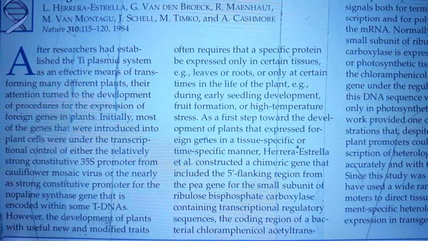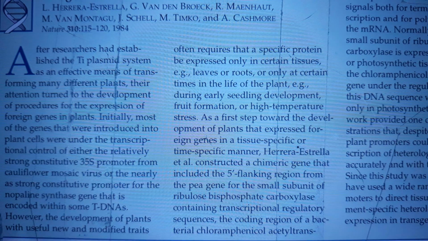After researchers had established the Ti plasmid system as an effective means of transforming many different plants, the attention turned to the development of procedures for the expression of foreign genes in plants.